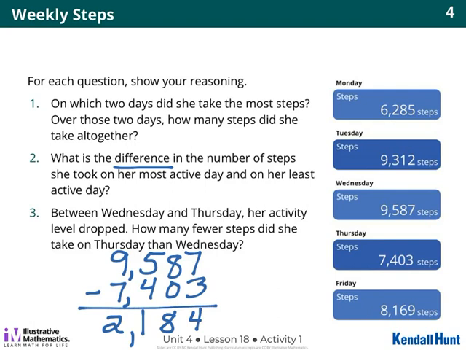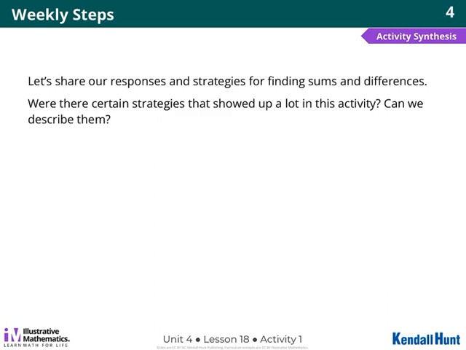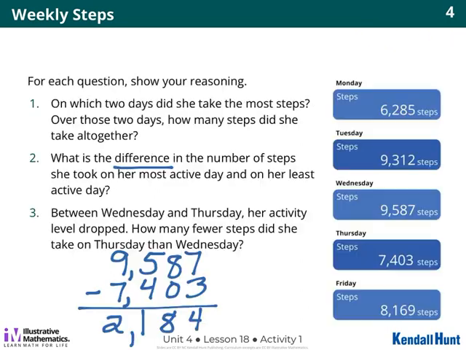Okay, let's see what we're doing for our next activity. Oh, okay. Guys, our strategy was what? Line up our digits and add or subtract, right? Place value. Yes. Guys, when you're in 4th grade, this is the strategy I expect to see. It's called the standard algorithm.